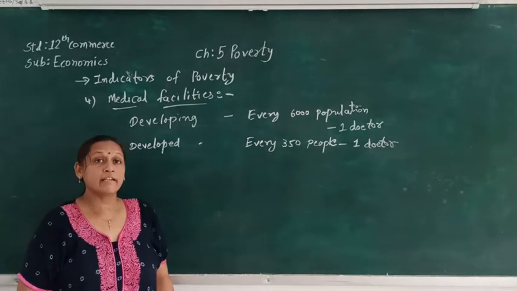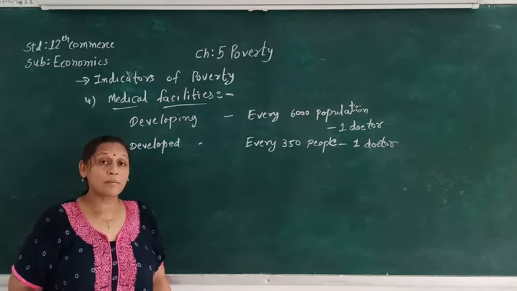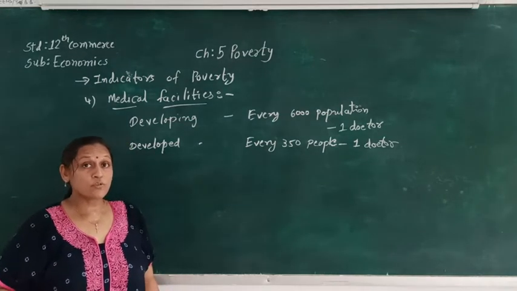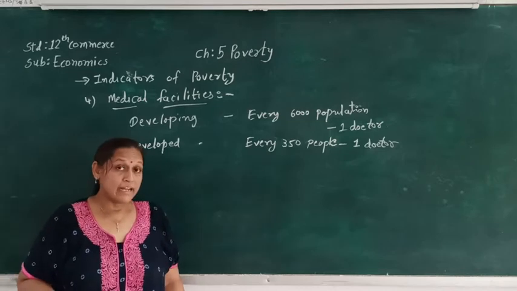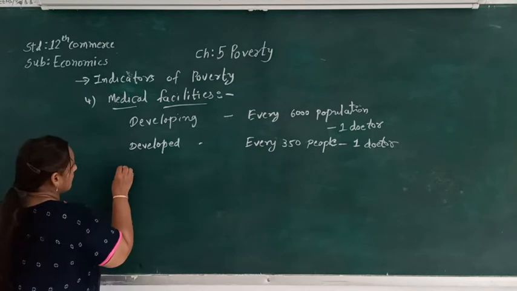So here in a developing country, we can see that 1.7 crore people are dying every year due to malaria, diarrhea and TB. So that is very high.